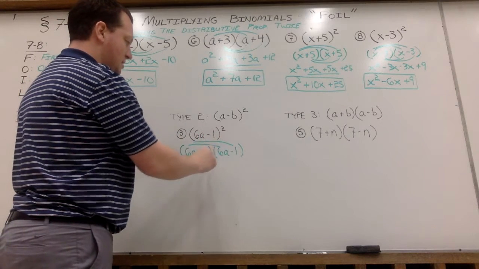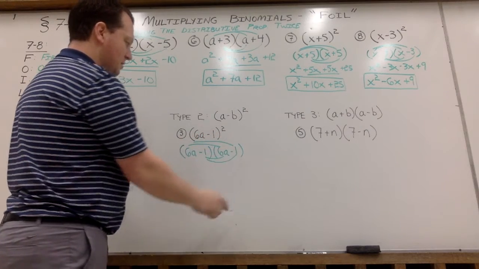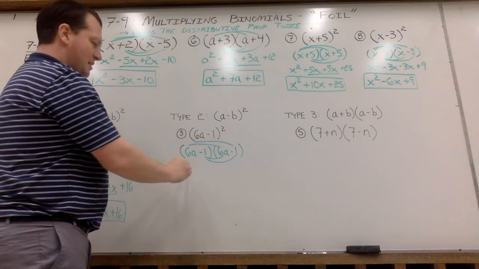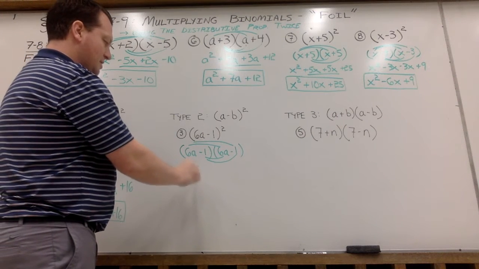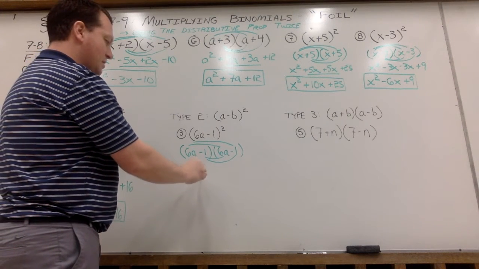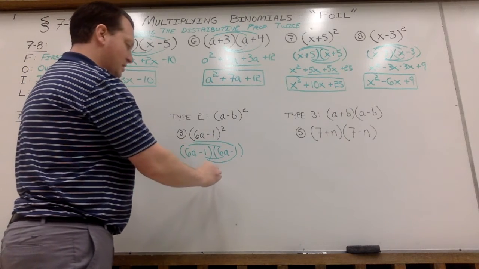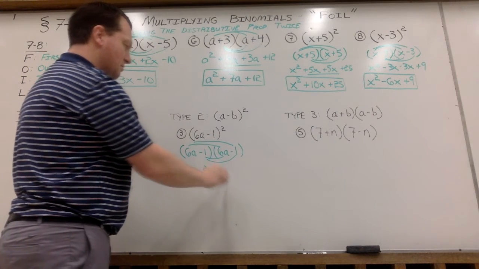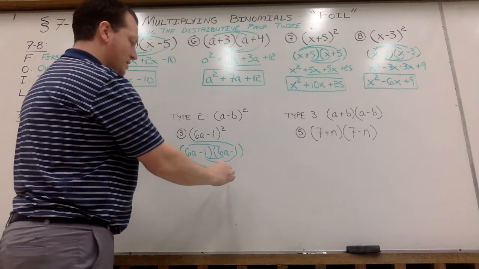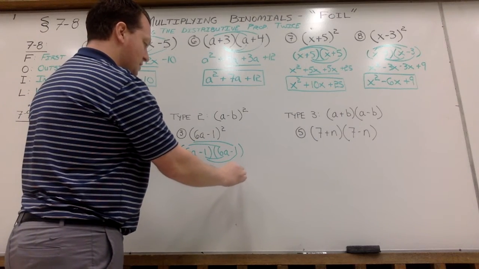First, outside, inside, last. 6a times 6a is 36a squared. 6a times negative 1 is negative 6a. Another negative 1 times 6a is a negative 6a.